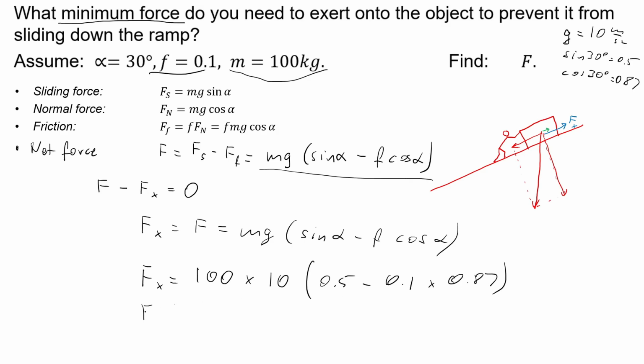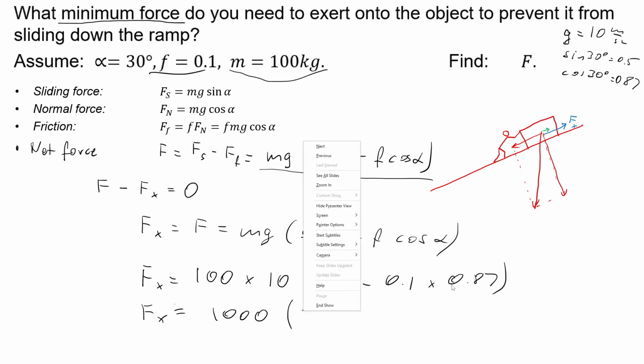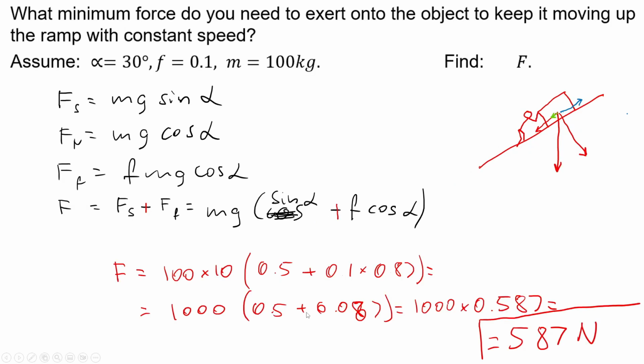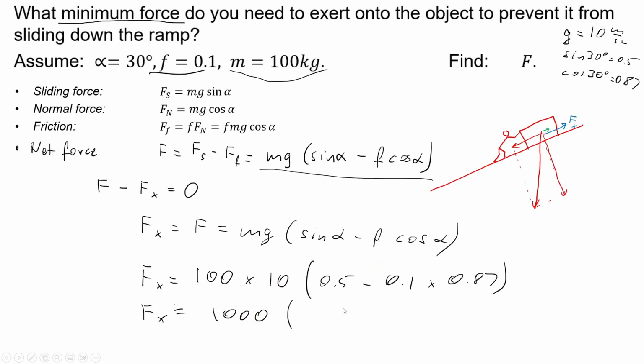So our Fx equals 1000 times 0.5 minus 0.087, so this is 1000 times 0.413.